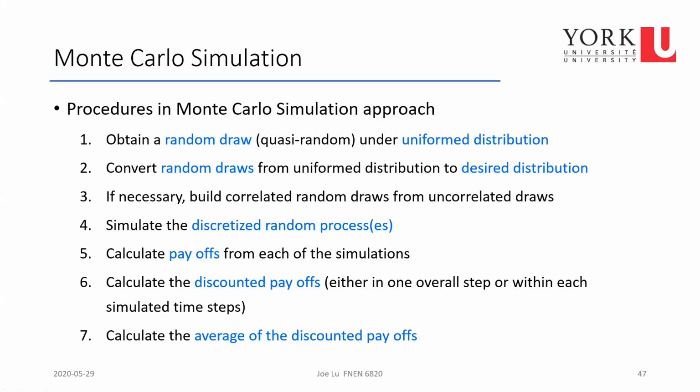This is needed when you have a multi-factor model and those random shocks are correlated. Then you need to go through that process. Okay, so you get the correlated shocks, and then you're just going to simulate the discretized random process.